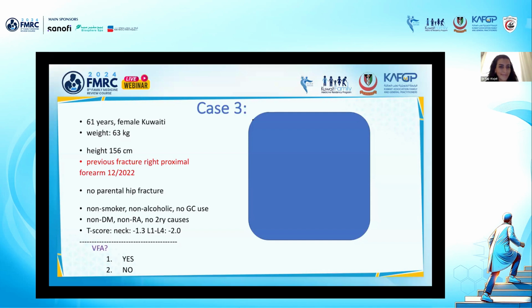Okay. Yes, this patient is a candidate for vertebral fracture assessment because the patient has had a previous fracture. So as we said, any low trauma fracture patient, they have to be referred for a vertebral fracture assessment.